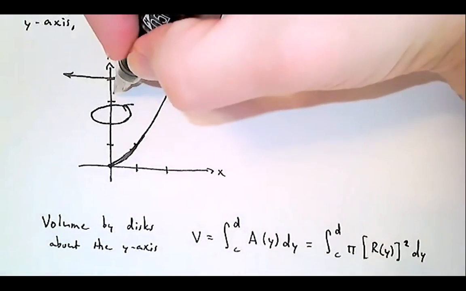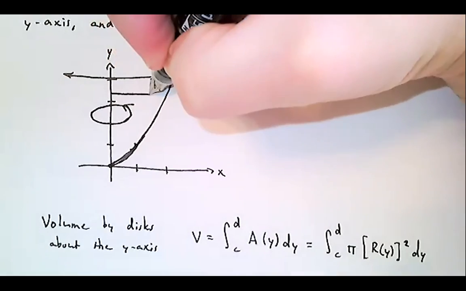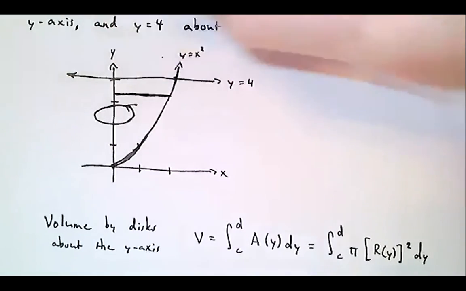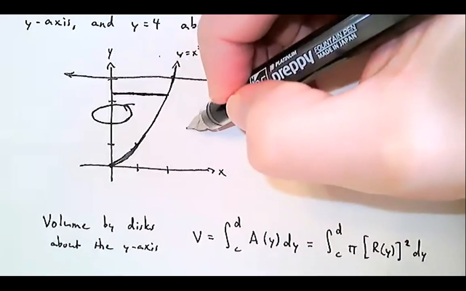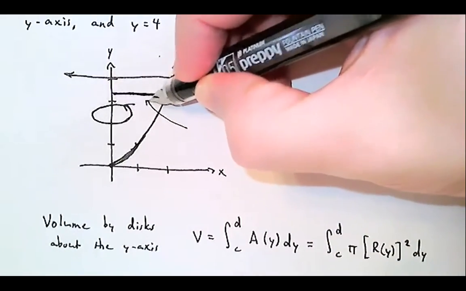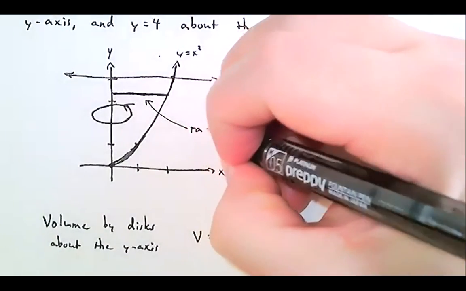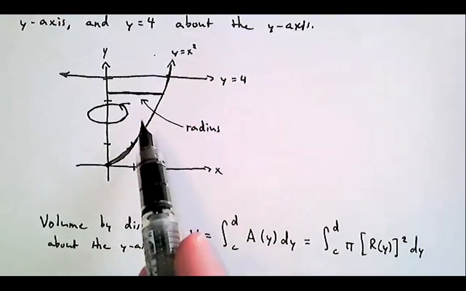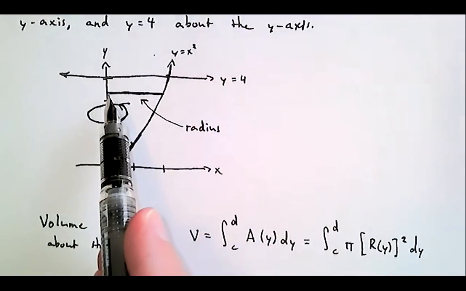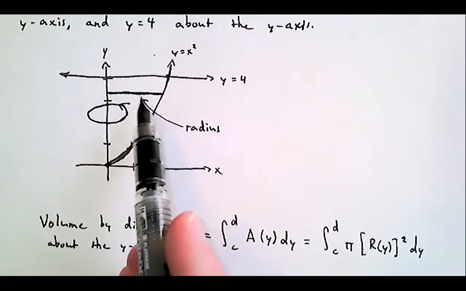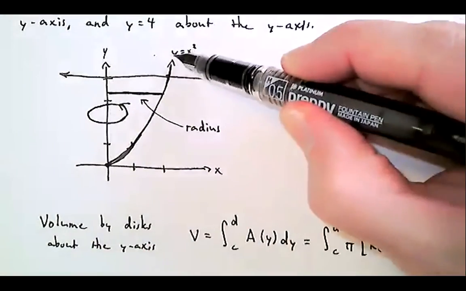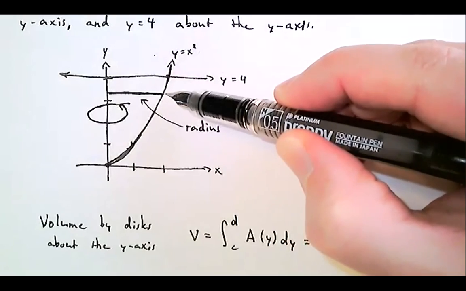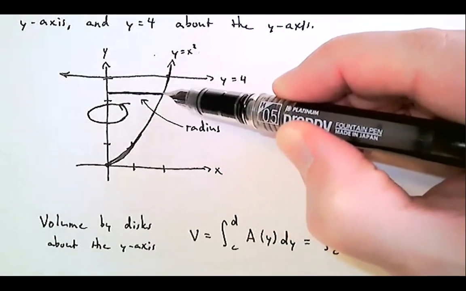So another important thing to keep in mind is that our radiuses now look like this. So we're finding a horizontal distance. So I need to figure out the distance from here over to here. So instead of the y coordinate, the y equals x squared, I actually need to figure out the x coordinate. So how far over is this point?